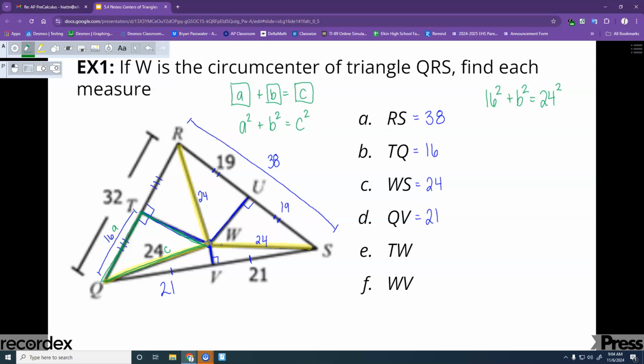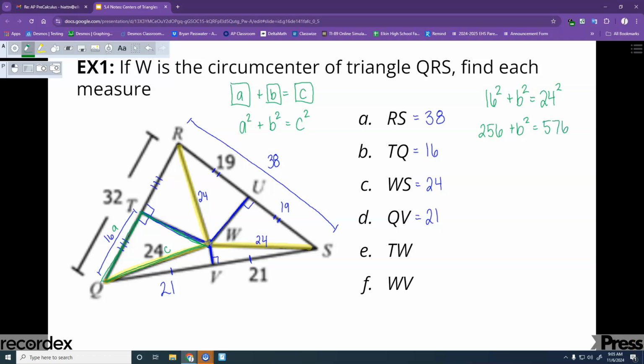Right? And so if we grab our calculator, 16 squared is going to give us 256. And 24 squared is going to give us 576.